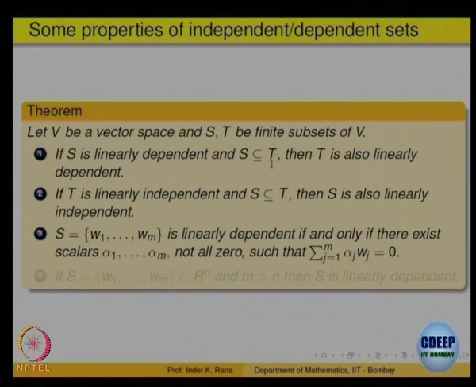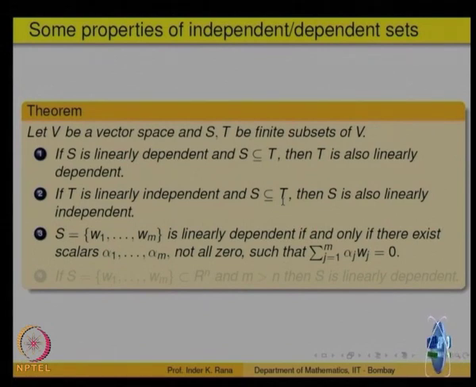So, if inside a given set you find a subset which is linearly dependent, then the bigger set itself is linearly dependent. An equivalent way of saying the same thing would be, if T is linearly independent, then every subset also is linearly independent, because the property of independence is that if a linear combination is 0, all the scalars must be 0, right.